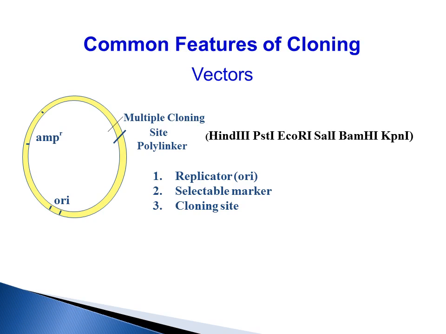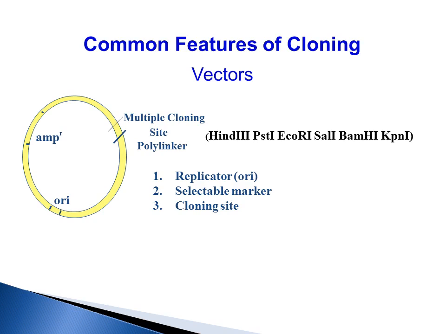Also, you want to have a selectable marker, which is usually an antibiotic resistance gene, so you can identify that you actually have your vector that contains your recombinant DNA. If you didn't have that selectable marker, you wouldn't know if you actually have the correct vector. Also, there's a cloning site in what's called a multiple cloning site, and usually this is going to have several restriction endonuclease sites.